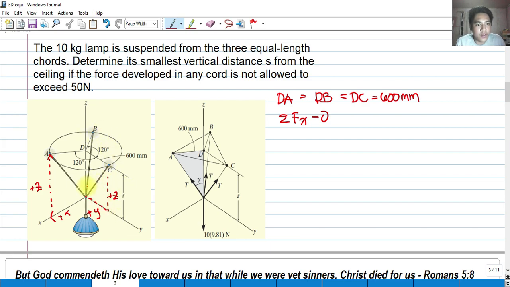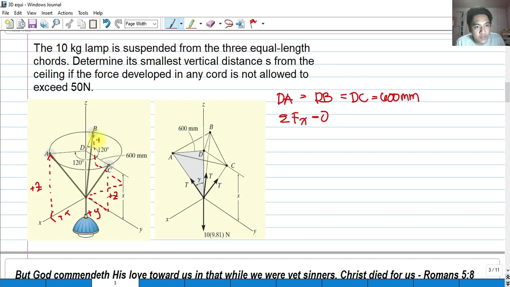Tension in B actually involves X also, as well as negative Y, and the Z here.